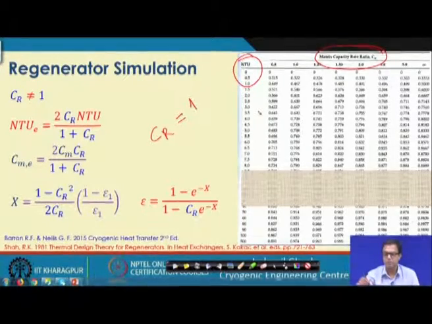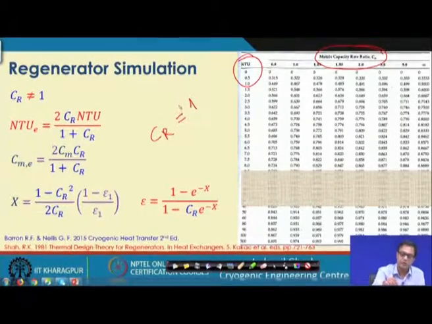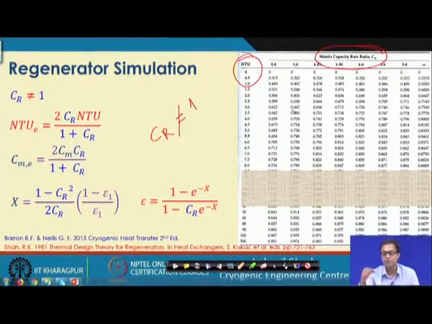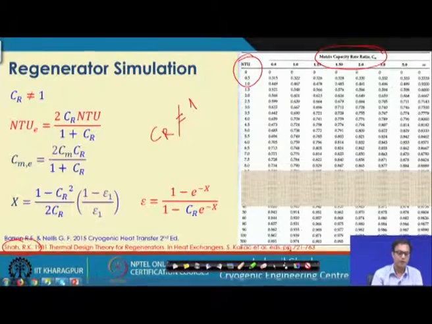This whole chart is meant for CR equals 1, but we may encounter a situation where CR is not equal to 1. In that case, how do we make effective use of this chart given or suggested by Arkesha, and in this particular reference you can have it.